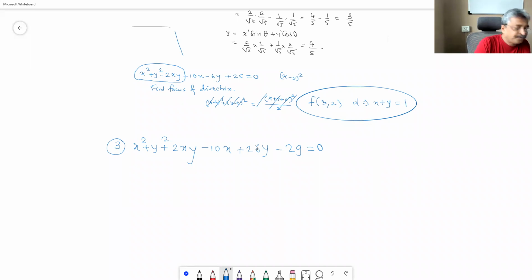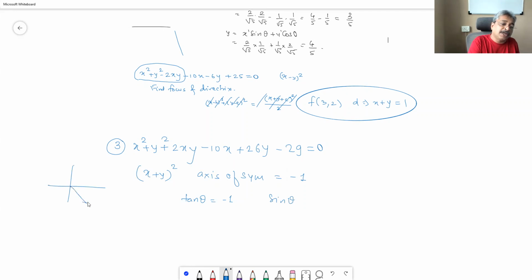Okay, so (x plus y) bracket square. So the axis of symmetry has slope equal to -1, and therefore tan theta equals -1. Since tan theta is -1, that means you are talking about rotating it by 45 degrees in the clockwise direction.